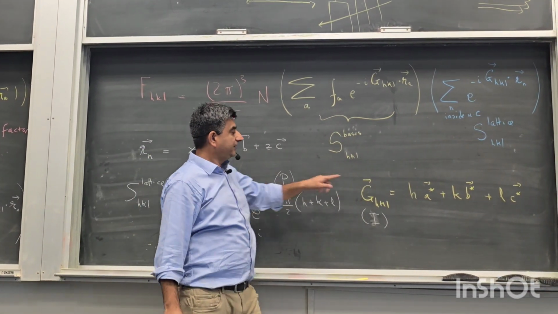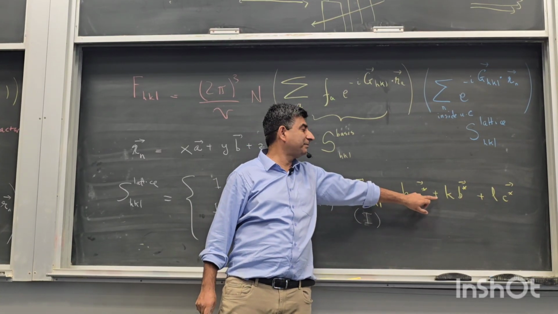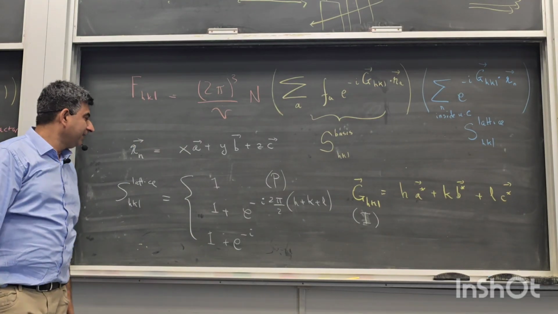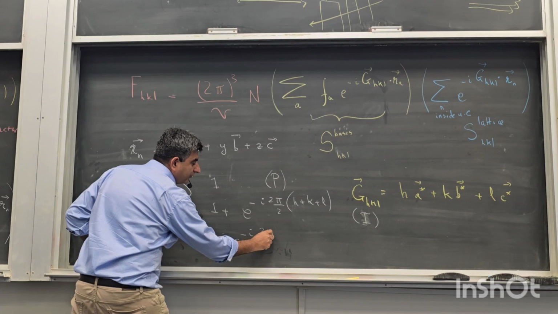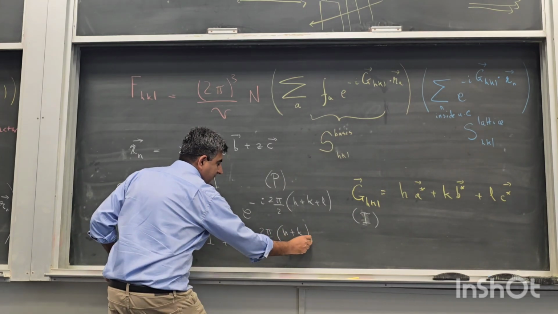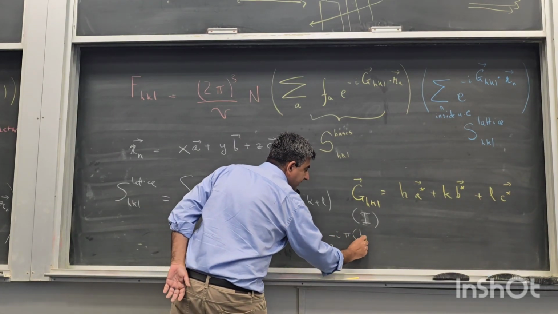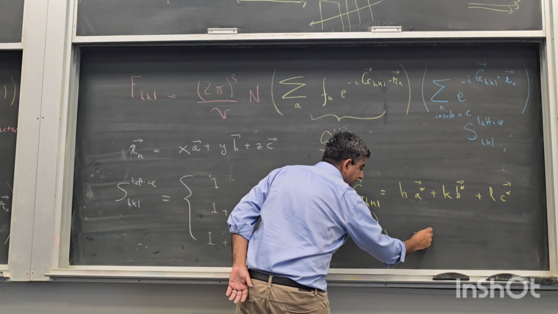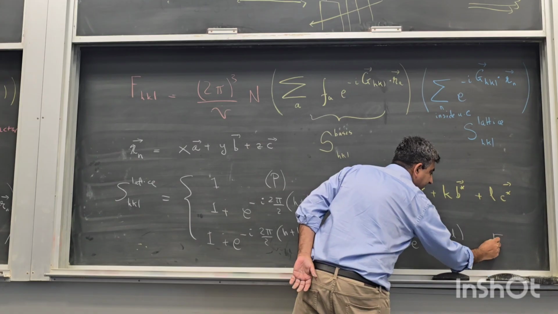Remember that a dotted with a star is 2 pi, a dotted with b star is 0, a dotted with c star is 0. This is for face centered.